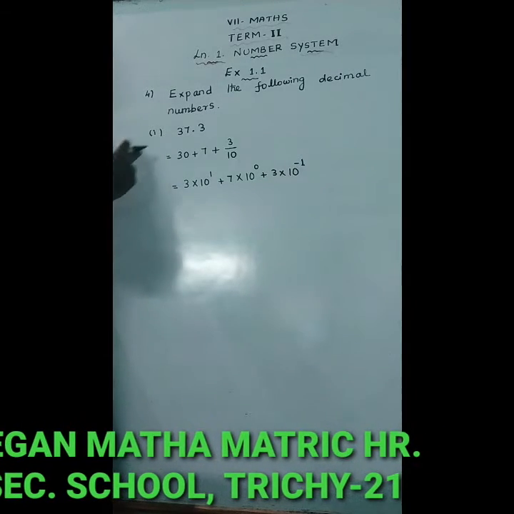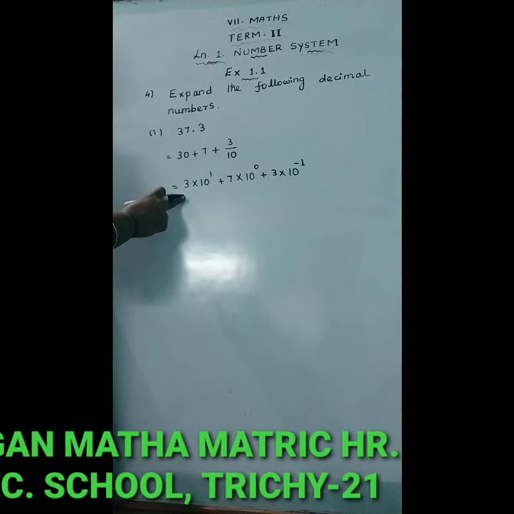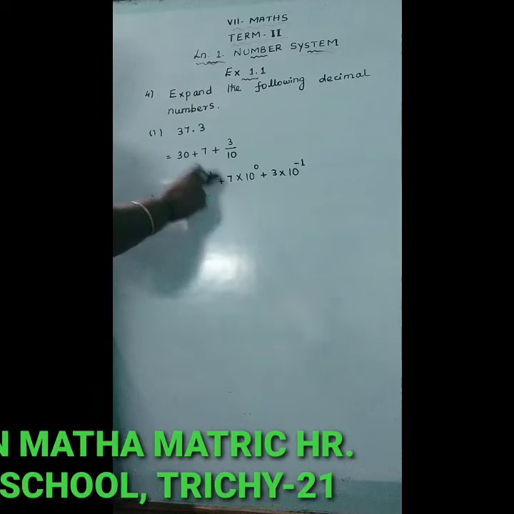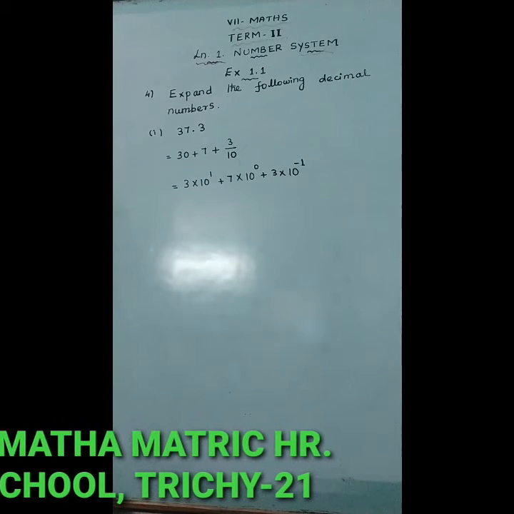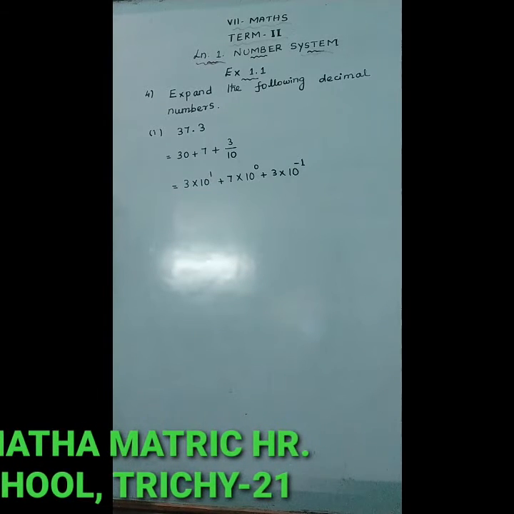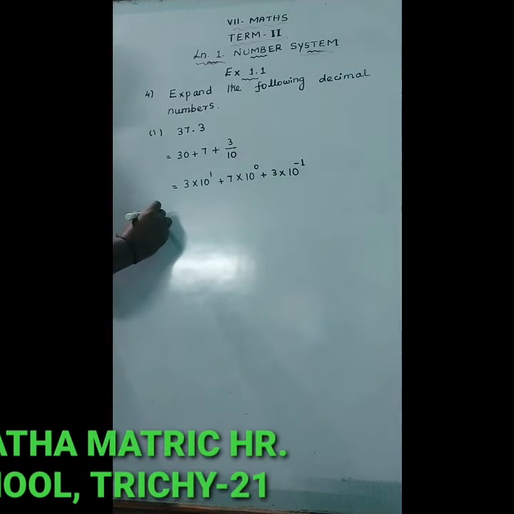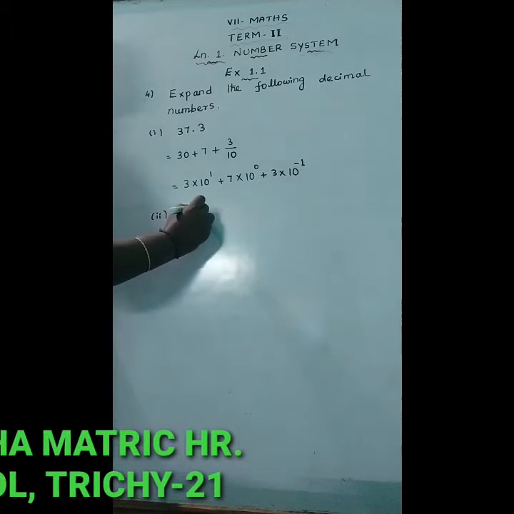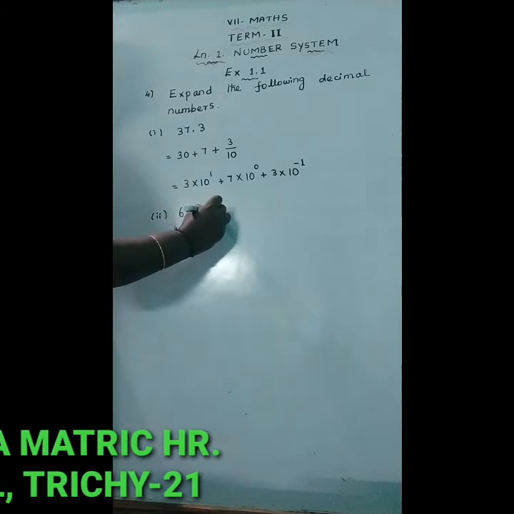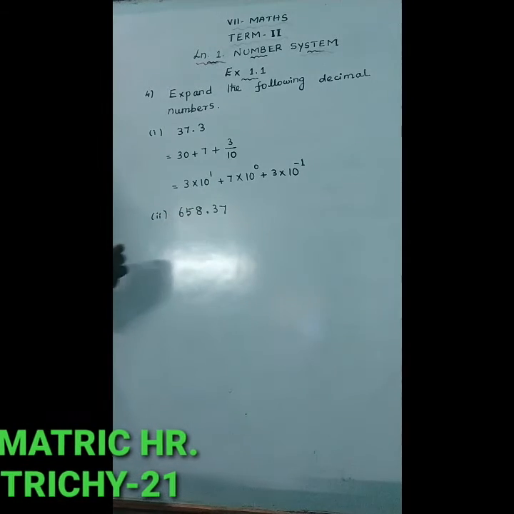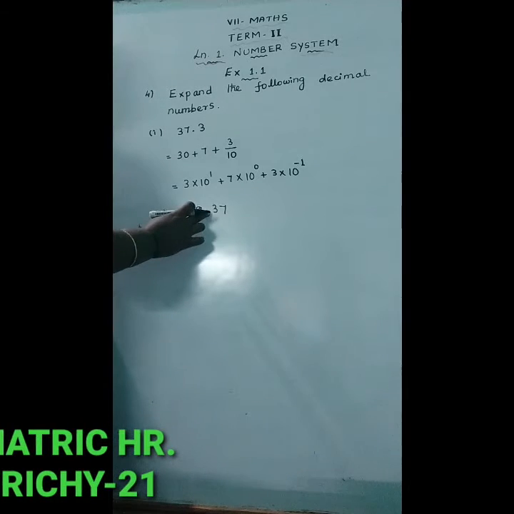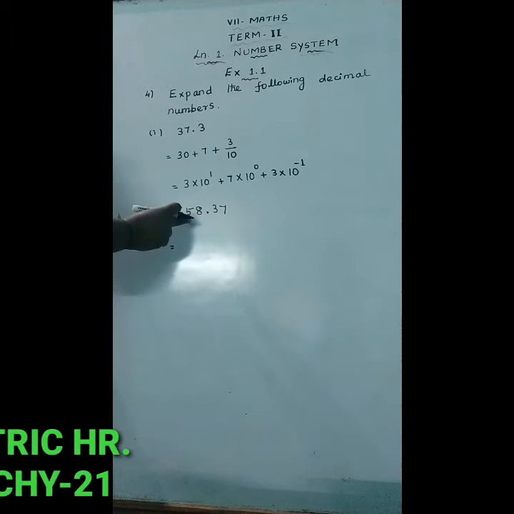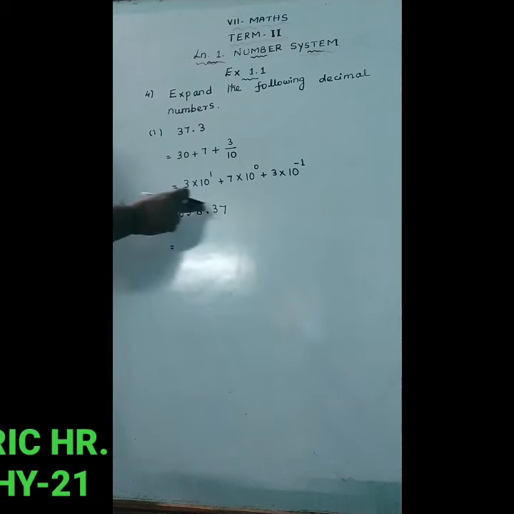So for 37.3, the expanded form is 3 into 10 power 1 plus 7 into 10 power 0 plus 3 into 10 power minus 1. The second decimal number given is 658.37. First we write the places before the decimal point: ones, tens, hundreds.